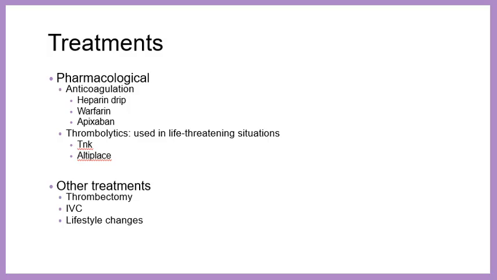Other treatments. Thrombectomy has become very common as well. They go to interventional radiology, IR, and they literally go in there with a catheter through the vessels, find the clot, and pull it out. That's fantastic, because that's the best way to do it. I can put you on heparin to keep you from making new clots. I can give you a clot buster to try to break up the clot that's there.